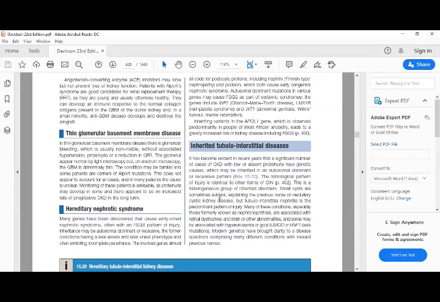Small cysts are sometimes evident, explaining the previous name of medullary cystic kidney disease, but tubulointerstitial nephritis is the predominant pattern of injury.